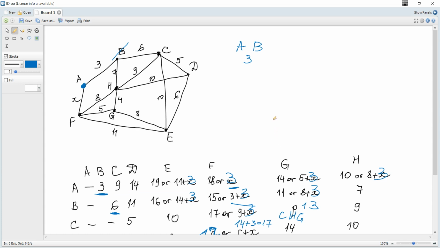So from B, let's choose C, and from B to C it's 6.